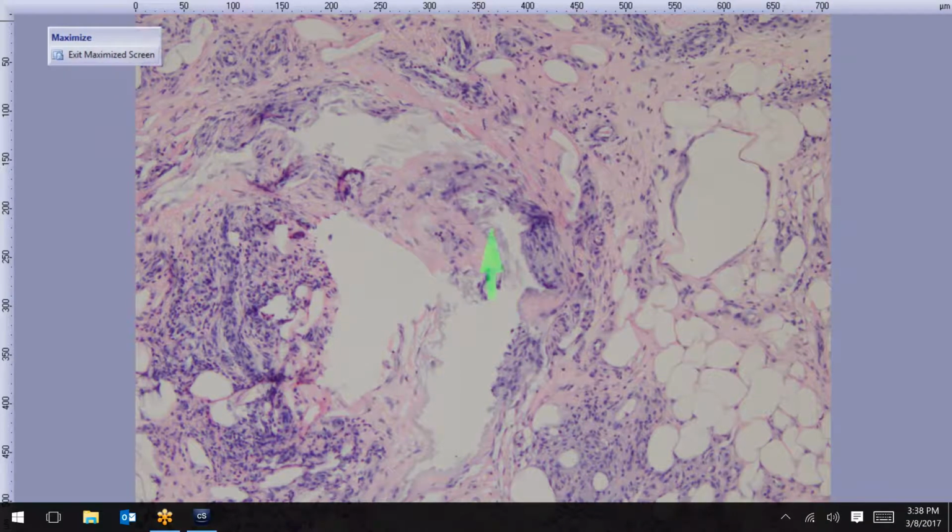And this is a finding that maybe some of you might recognize called lipomembranous change. These kind of feathery projections kind of emanating from this cystic space.